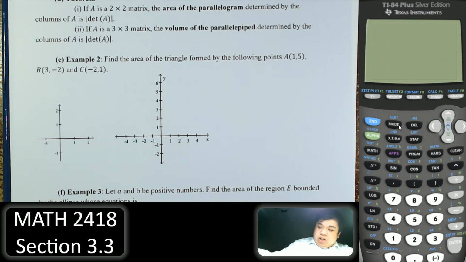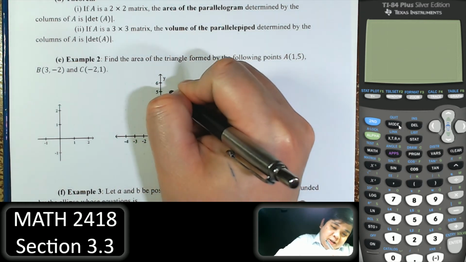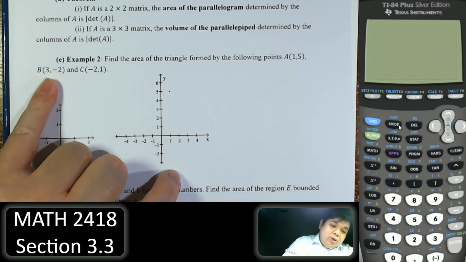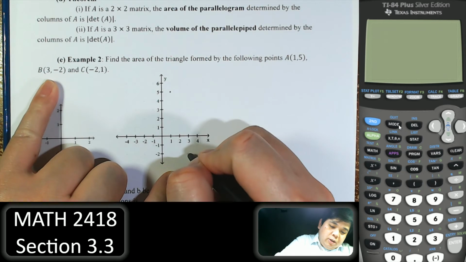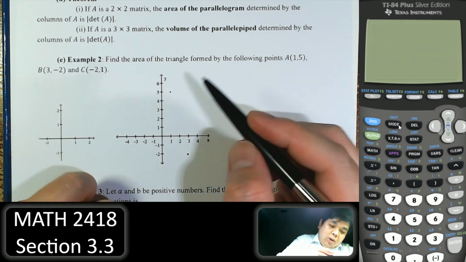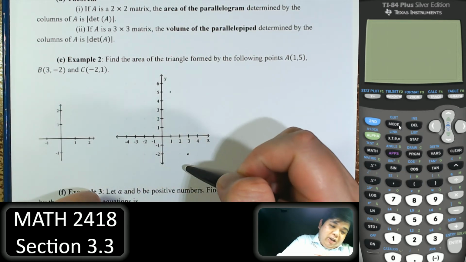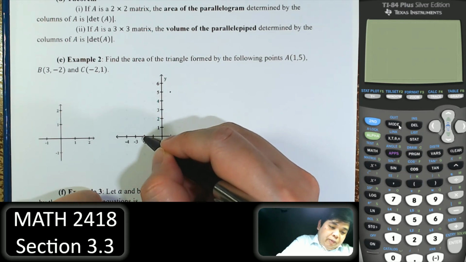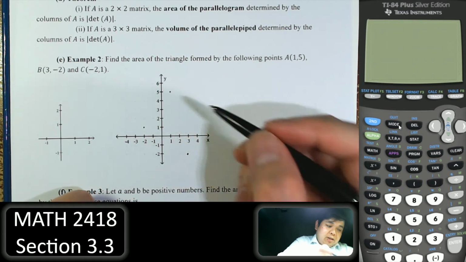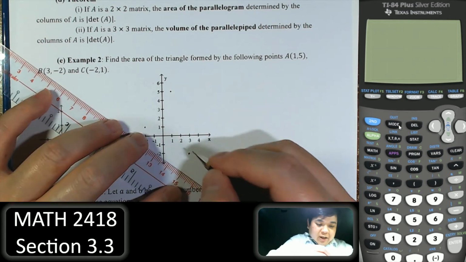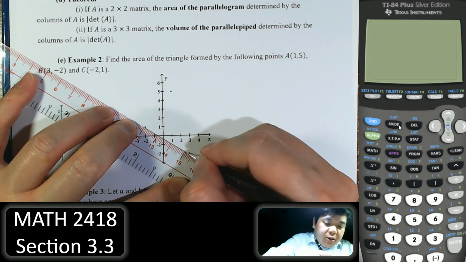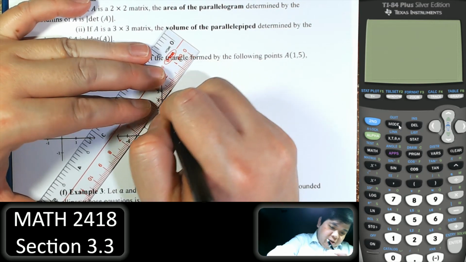So of course we just plot those points: (1, 5), (3, -2), and (-2, 1). Alright, so we have kind of that triangle.